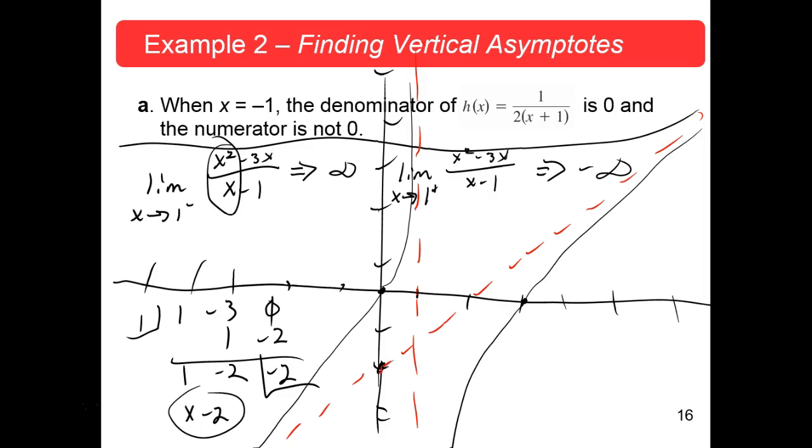So here we have the graph of this. And as you see, as x is approaching 1 from the negative side, it's going to positive infinity. As x is approaching 1 from the positive side, it's going to negative infinity. Sure, that fits.